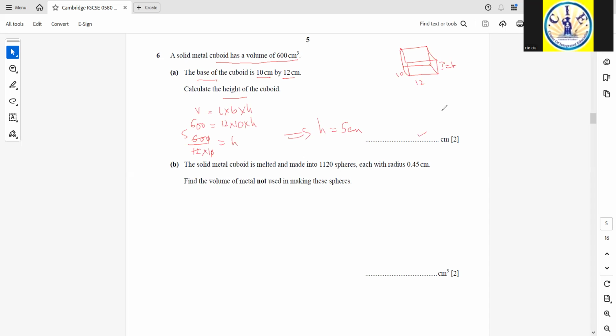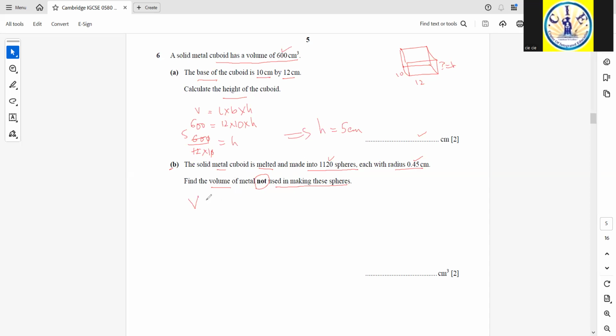Now part B. The solid metal cuboid is melted and made into 1120 spheres, each with radius 0.45 centimeter. Find the volume of metal not used in making these spheres. Okay, we have made 1120 spheres out of this volume, each having a radius of 0.45 centimeters, and we need to see how much material has not been used in making these spheres.